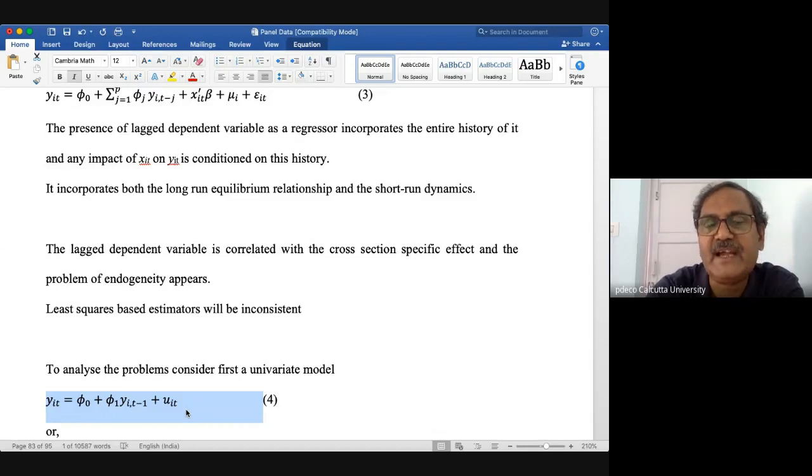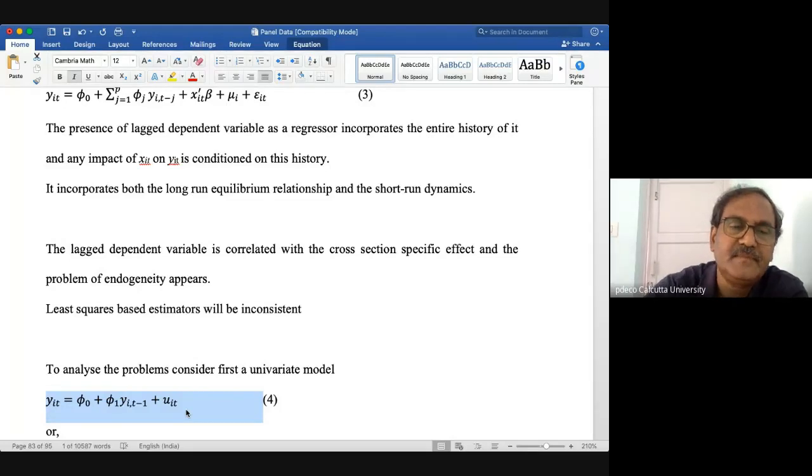First, you have to take care of cross-sectional heterogeneity, as we discussed in a static panel data model, the presence of mu_i in your model. How to take care of it? Second, how to take care of the problem of endogeneity. So in a dynamic panel data model, you have to solve the two problems simultaneously. One is the possibility of heterogeneity, which is also unobserved. Second, the possibility of endogeneity.